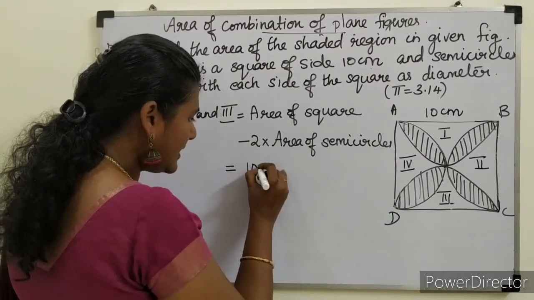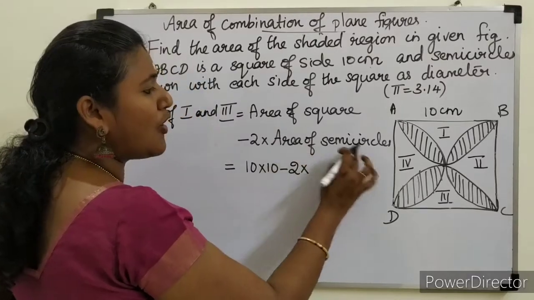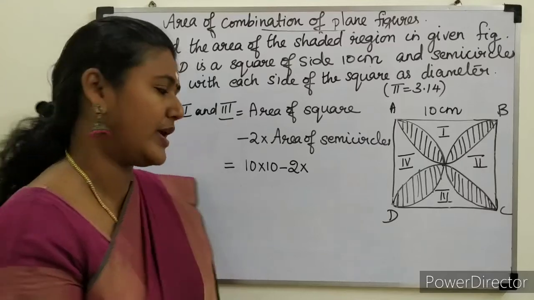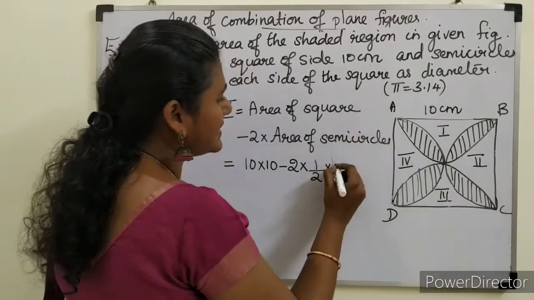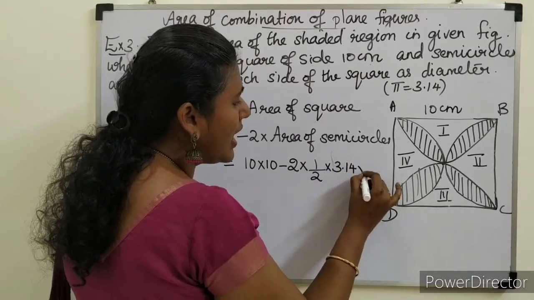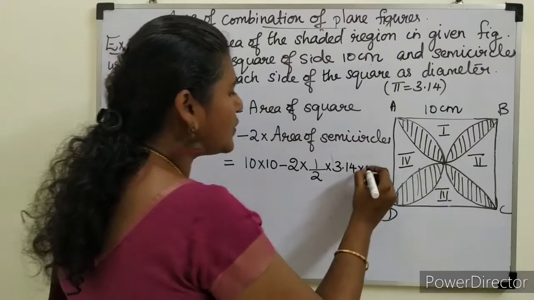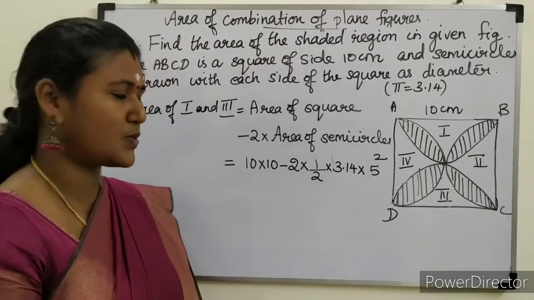So 10 into 10, that is 100, minus 2 into area of semicircle. Area of semicircle is half pi r square. So 1 by 2 into pi, the value of pi is given as 3.14, into r square. What is the radius here? Diameter is 10, so the radius is 5, and r square is 5 square.